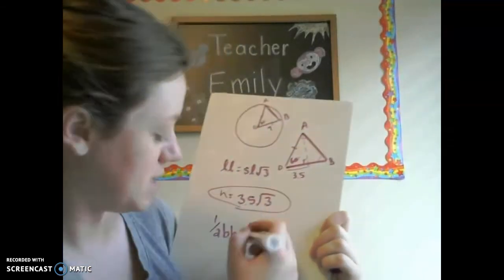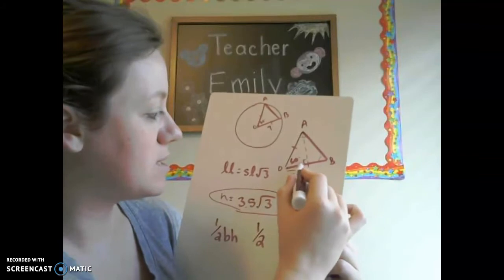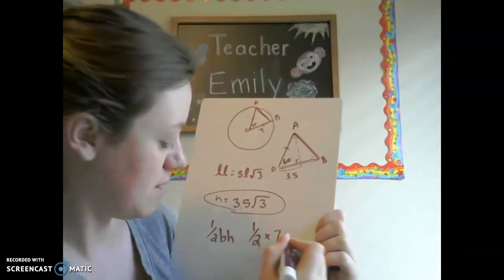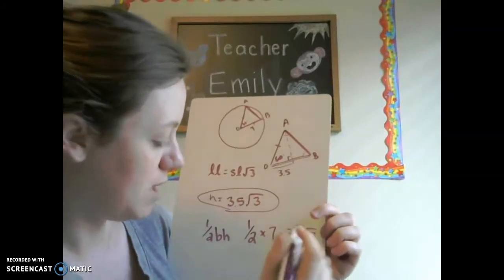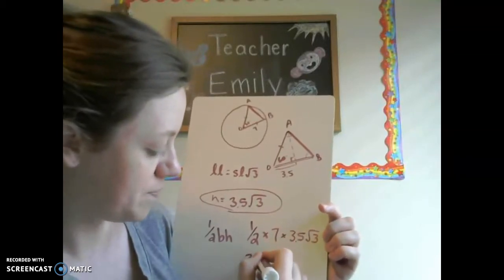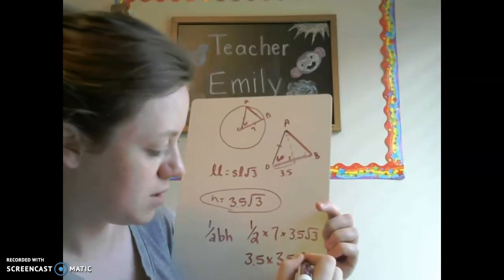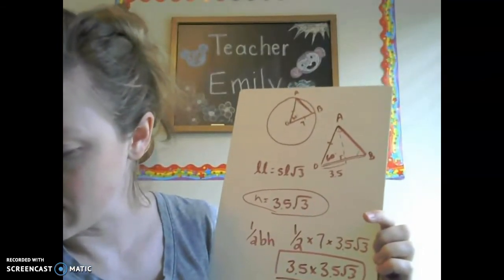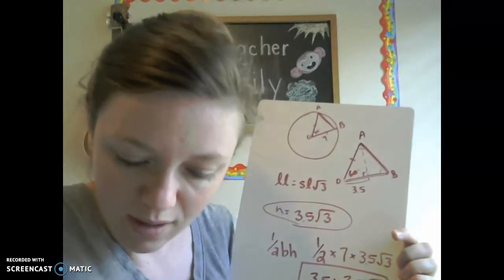So we need to take 1/2, and then the base is this whole part, so 7. 1/2 times 7 times 3.5 times the square root of 3. 1/2 of 7 is 3.5, so you can reduce it down to this. And if you put that in your calculator, I had done it already. Let's see what I got. Ah, there it is.